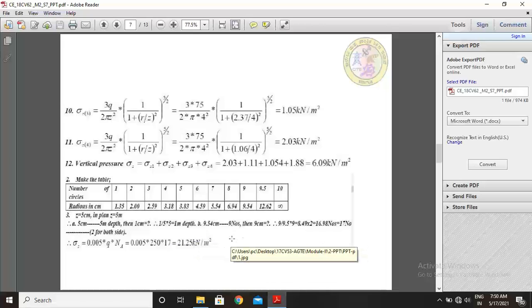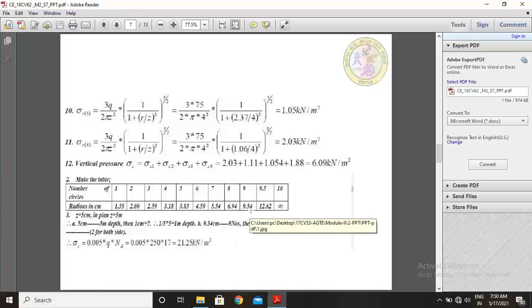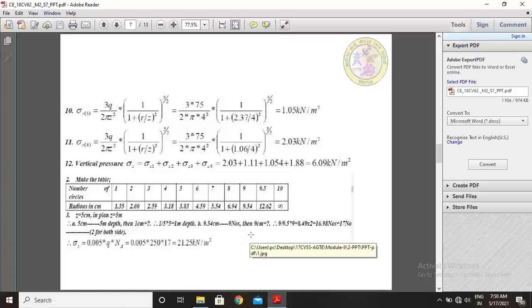Next step, for 9.54 centimeters, how many circles? For 9.54 centimeters, we get 9 circles. So for 9 centimeters, how many circles?